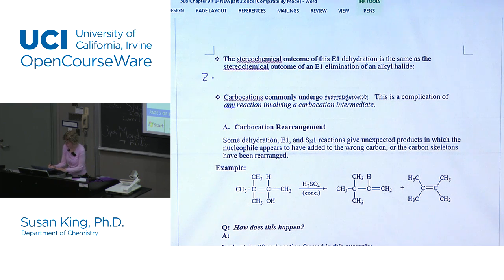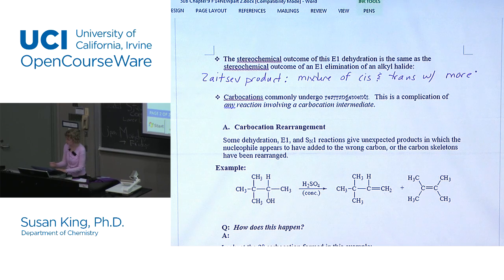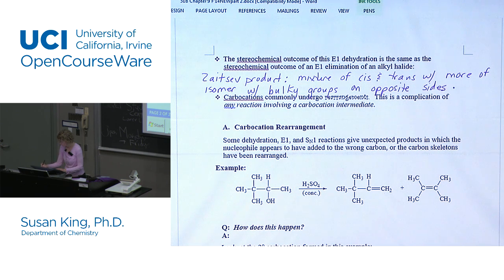The Zaitsev product, which can be a mixture of cis and trans, with more of the isomer with the bulkier groups on opposite sides. All right, so just as we would expect.